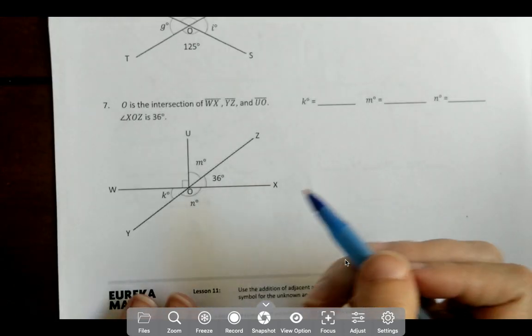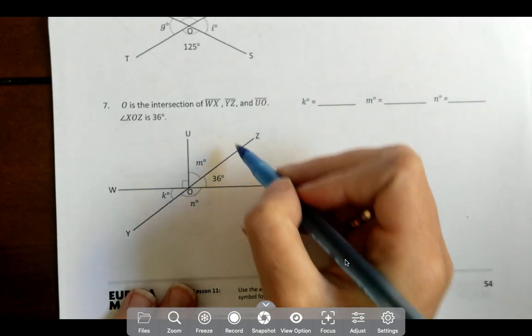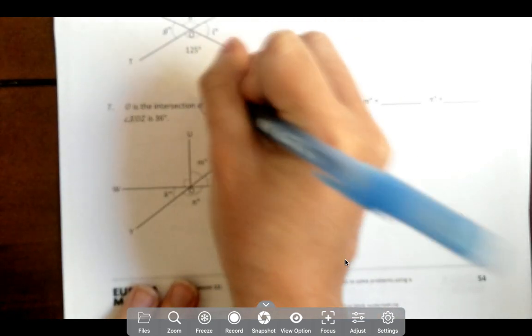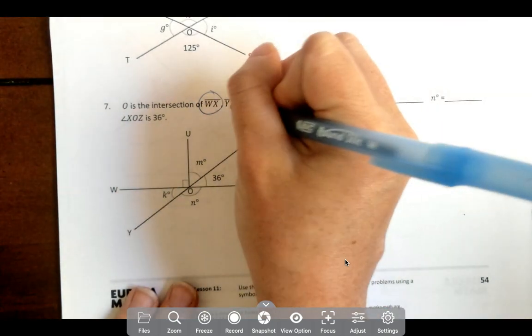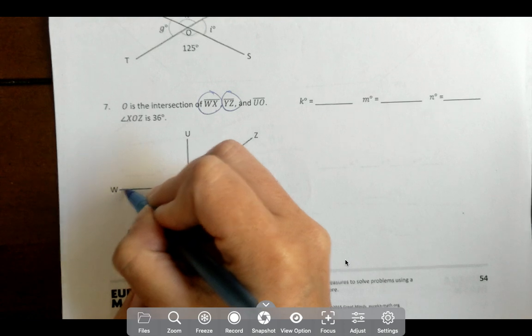So let's try doing 7. 7 is the challenge problem, boys and girls. So again, let's look here. We have intersecting lines WX and YZ. So these are intersecting lines right here.